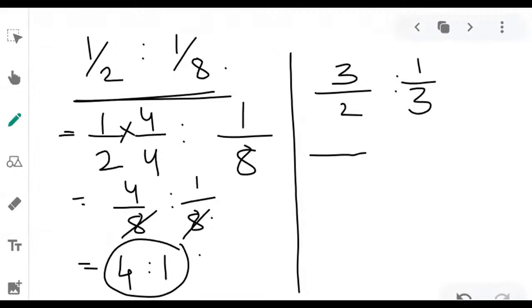LCM. So what is the LCM for this? Two and 3, so it is 6. So I'll multiply the numerator by 3.